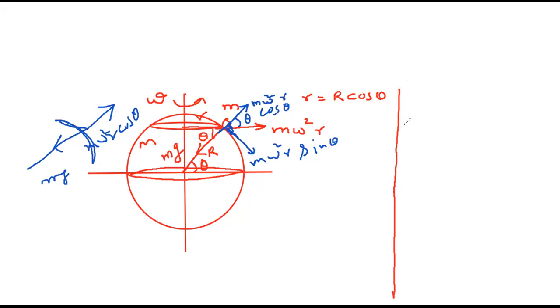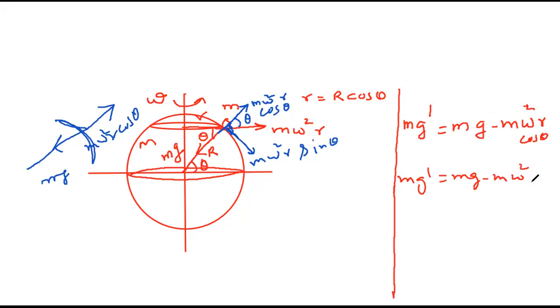So can I say apparent weight mg dash is actual weight acting downward, mg, minus m omega square r cos theta. That means mg dash will be mg minus m omega square, small r is R cos theta, into cos theta.